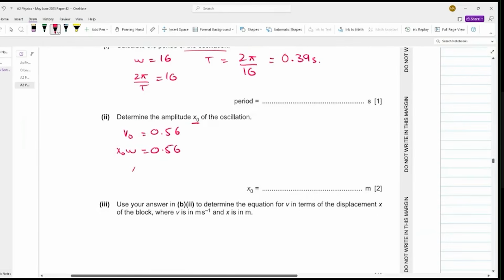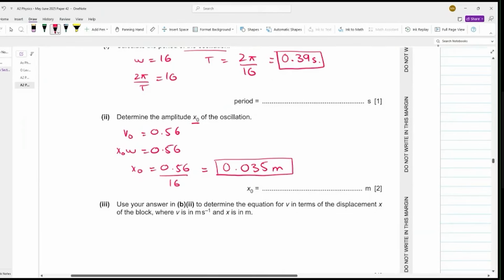What will your x naught come out to be? 0.56 divided by 16. What does your x naught come out to be? हाँ जी, x naught किसके इक्वल आता है? Any ideas? x naught comes out to be 0.035 meters.